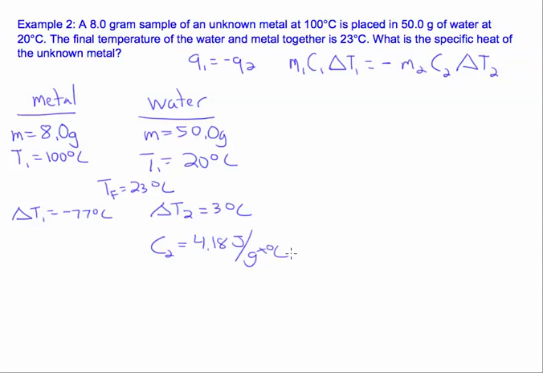We've already done this on the last problem, so if we rearrange this equation to solve for C1, we divide both sides by M1 and delta T1. And get the following equation. And we can plug into that.